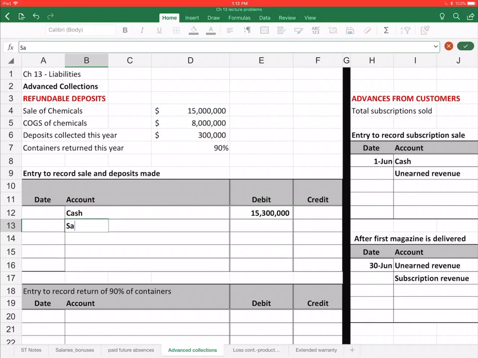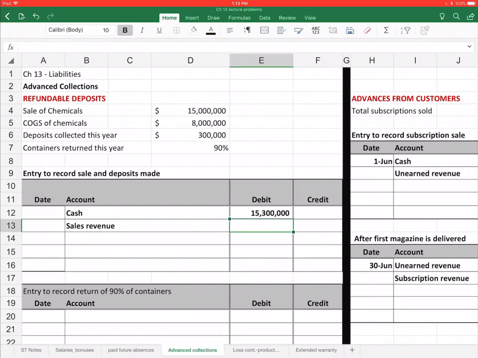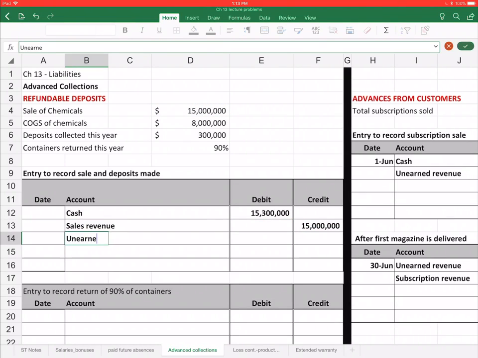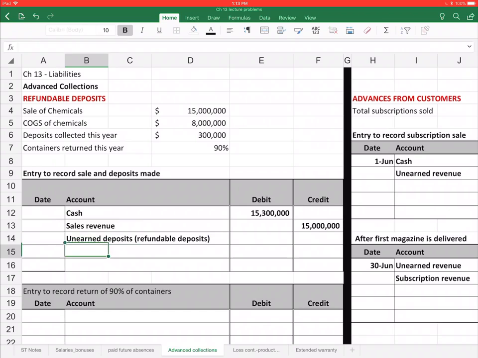We are going to credit sales revenue for $15 million, and then we're going to credit unearned deposits or refundable deposits. The name isn't super important as long as we understand that this is a liability that relates to deposits that customers have given us that we are going to have to pay back if they return that container, right? So unearned deposits, refundable deposits kind of mean the same thing in terms of the account name that we're using.